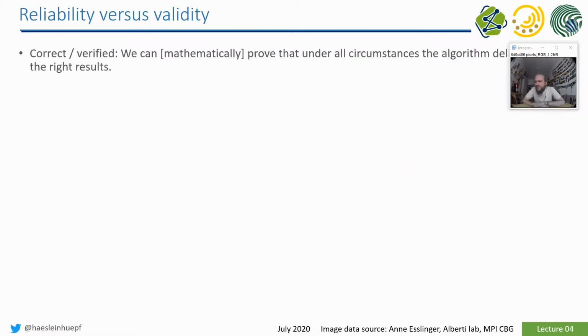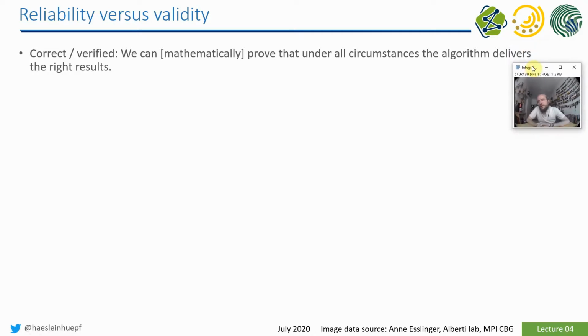There was a student asking via email for basically the difference between reliability and validity. And actually, it basically means the same, with an additional aspect I would like to introduce a little bit more in detail in order to clarify understanding here. If you think about an algorithm and you want to show that this algorithm is doing the right thing, it delivers the right results, you can, in some cases, for mathematical algorithms, verify the algorithm, you can prove that the results are correct.